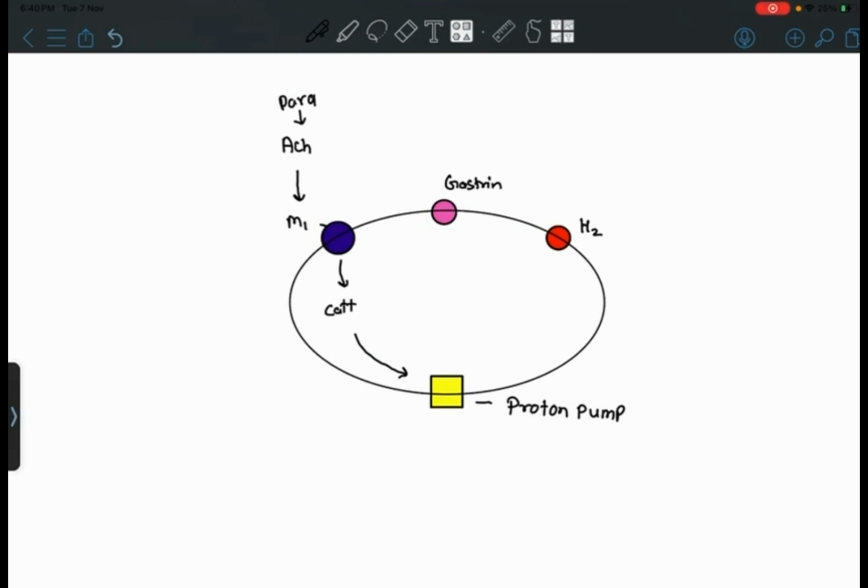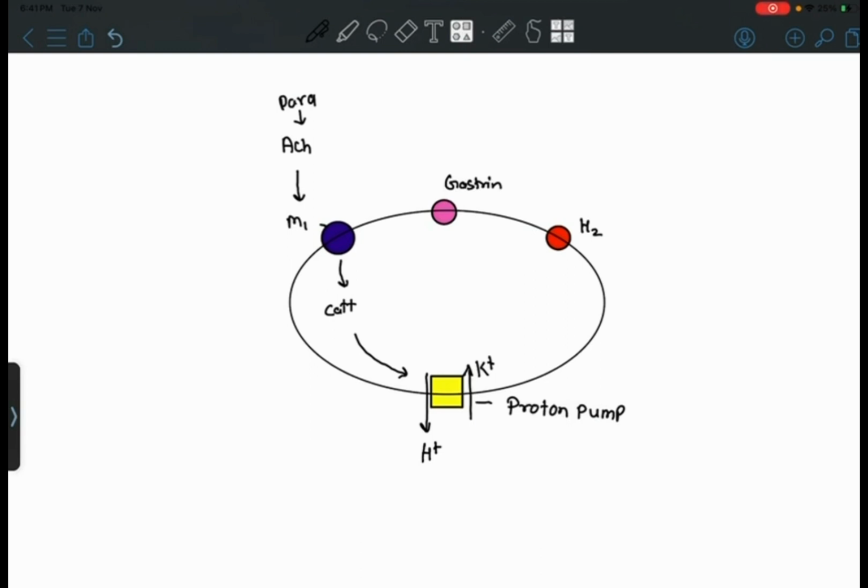When the proton pump is stimulated, it releases H plus ion in exchange of potassium. So that's why it is also called the hydrogen potassium pump.